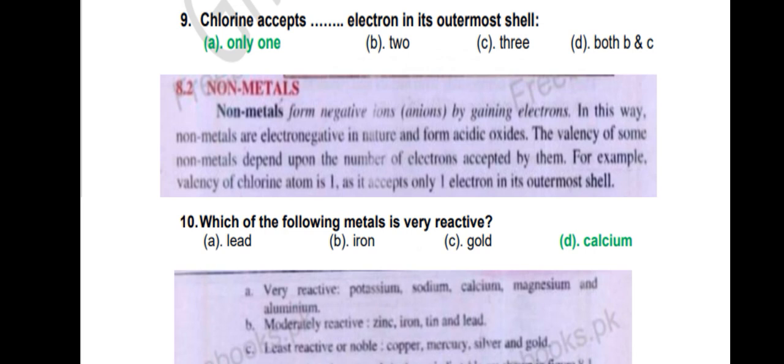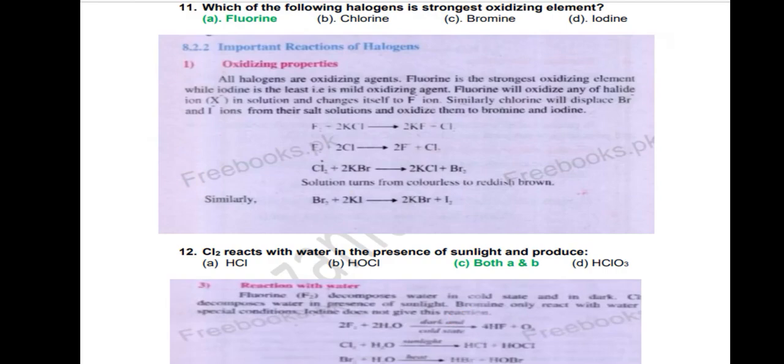Iron is moderately reactive, but calcium, you know that the reactivity of a metal depends upon the ease of removal of electrons, because alkali metals and alkaline earth metals have 1 and 2 electrons in their valence shell respectively, so they can lose their electrons easily and they are highly reactive. So option D will be correct.